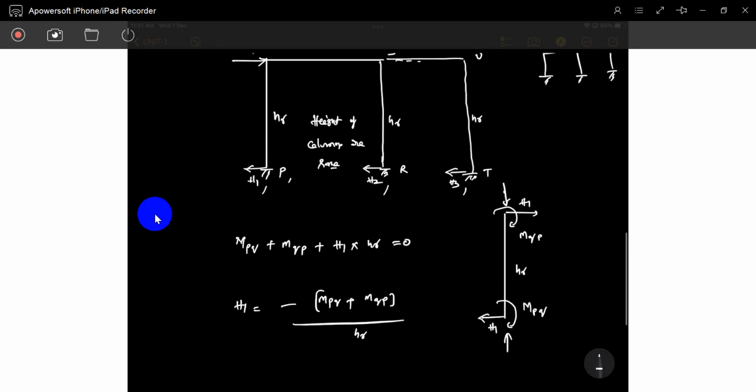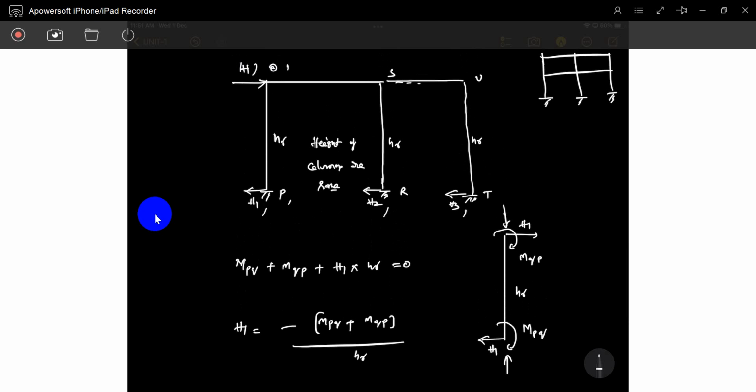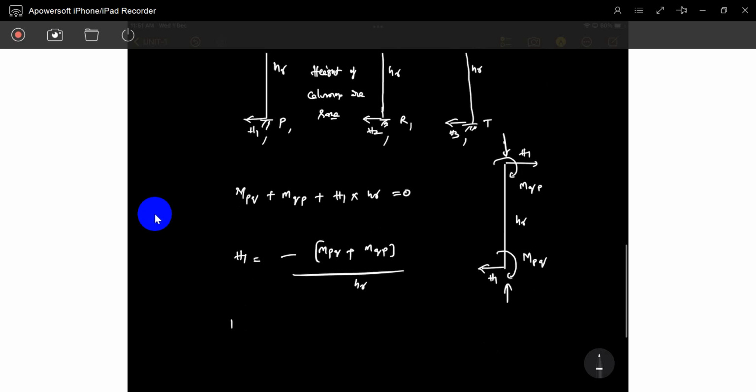By this you can write H2 also, for the RS column. H2 is the same: MRS plus MSR divided by HR.